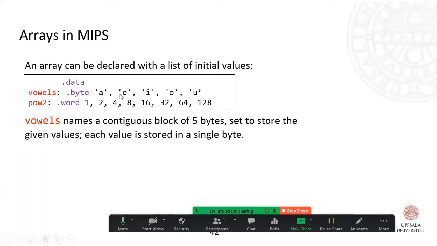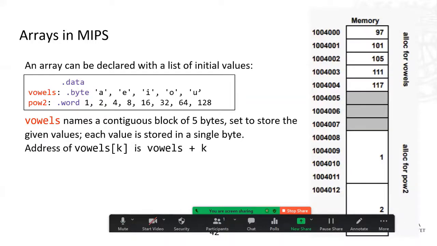Vowels in this case has a length of 5 because it has 5 characters in it, and each of them is as big as 1 byte. So this array will occupy 5 bytes in memory, as opposed to pow2, which I will show is much bigger.